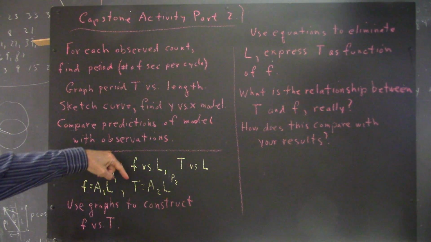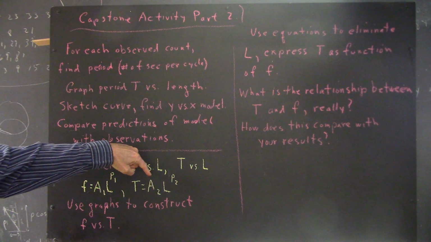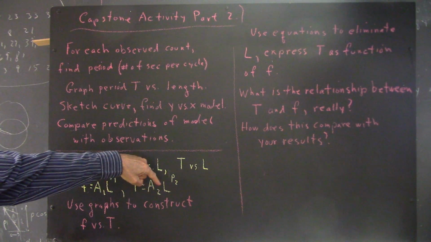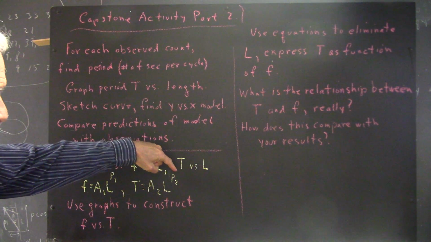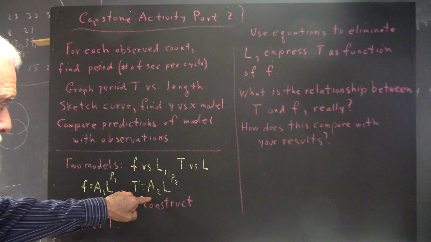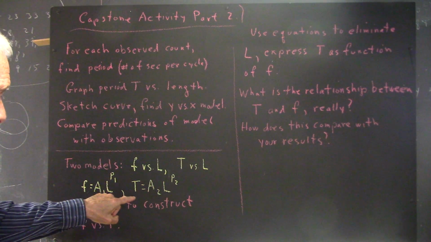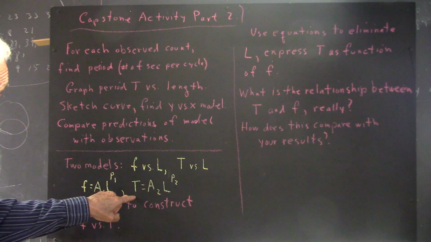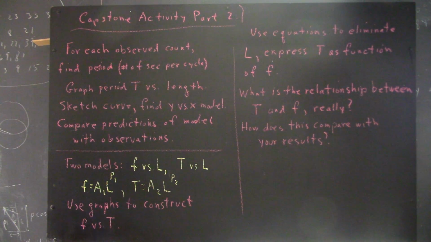You're going to get a model of the form T equals, I'll call it A2 times L to the P2, where P2 is the power you found, and A2 is the value of this constant that you got by using the length and the period on your graph.